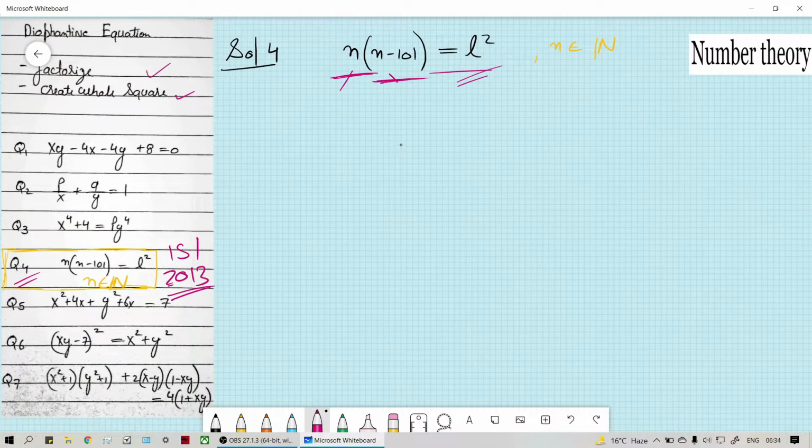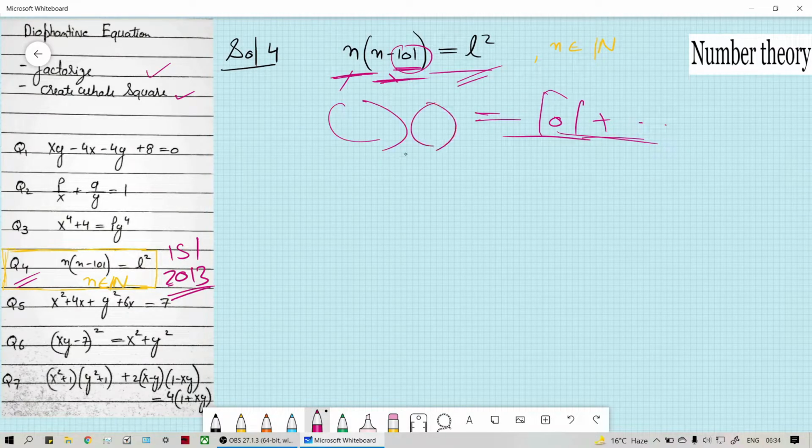And what's the other thing that we can do? We can try to get just a number on the right hand side. You can open this bracket, do some factorization, whatever we can, to bring some number, say 101 or something else, on the right hand side, with brackets or whole squares on the other side.